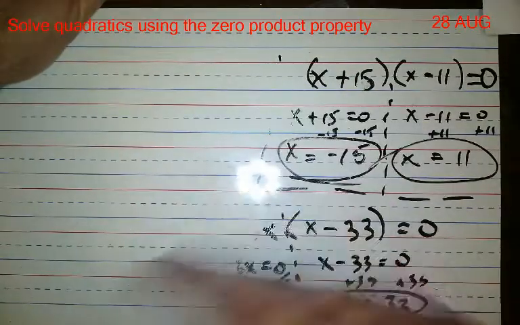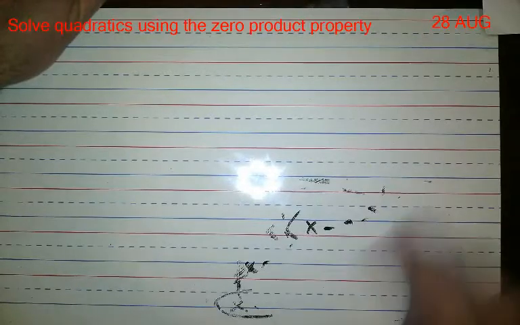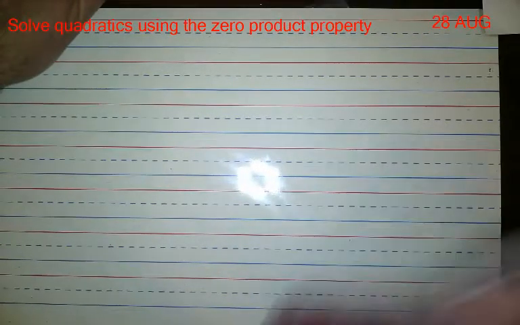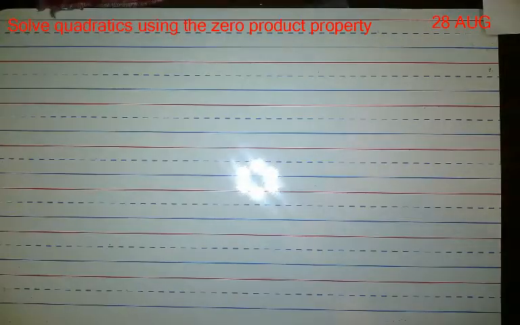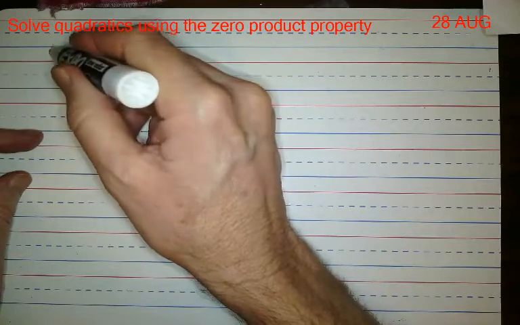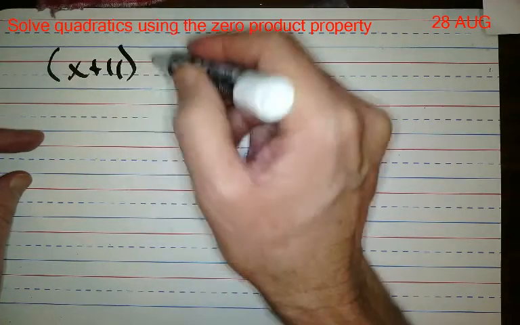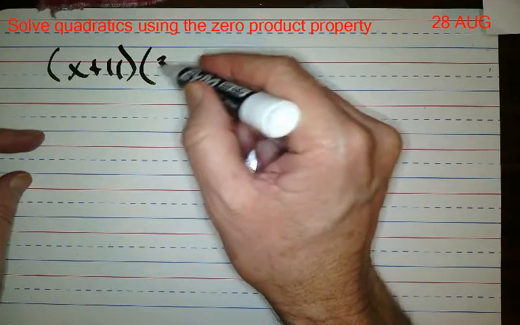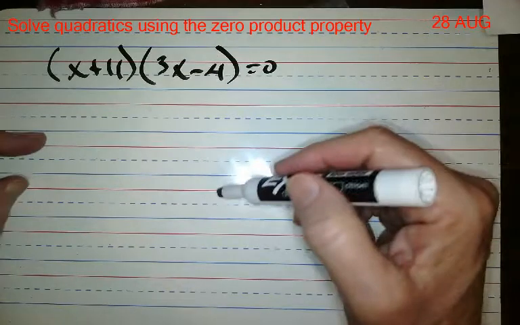Yep, fraction answers. So you have to start saying fractions are my friend. Fractions are going to have to be your friend. So here's one. Let's do one that has x plus 11 and then 3x minus 4 equals 0.